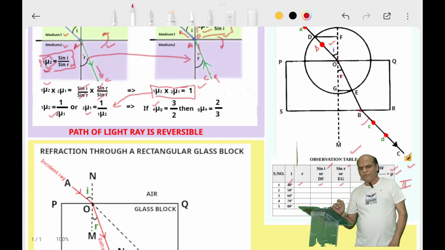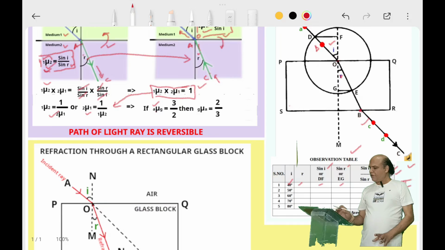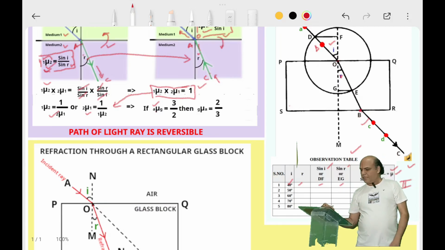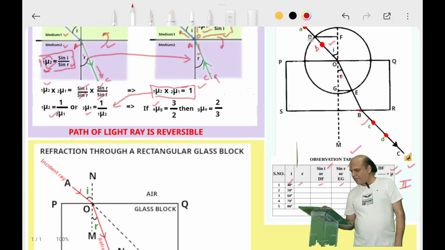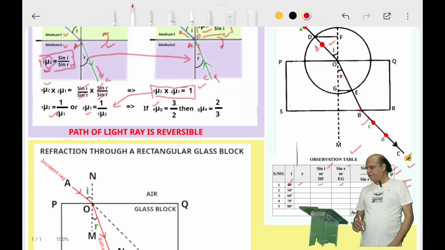It should cut the incident ray at D, and it should cut the refracted ray at E.